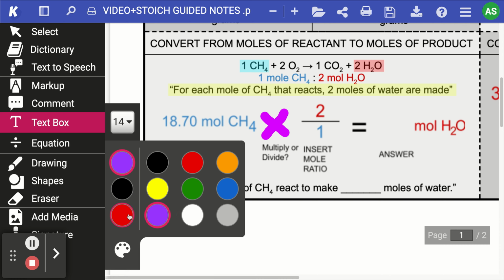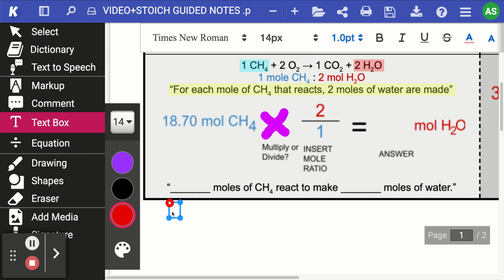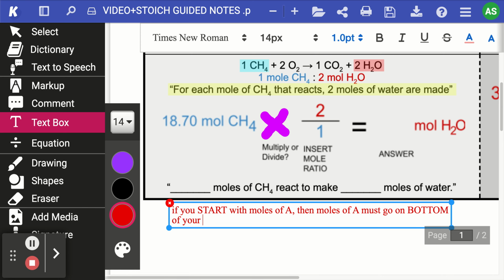Let's make a note about that, shall we? If you start with moles of A, then moles of A must go on bottom of your mole ratio.